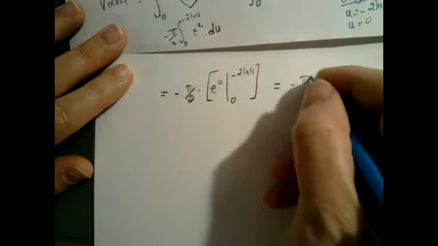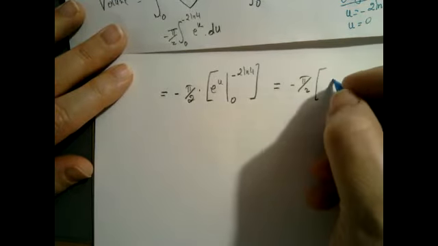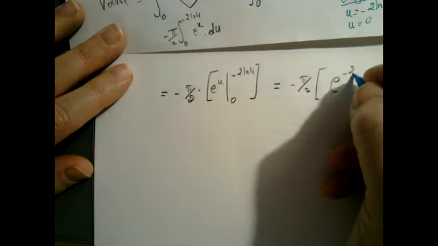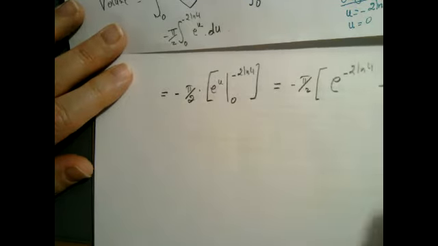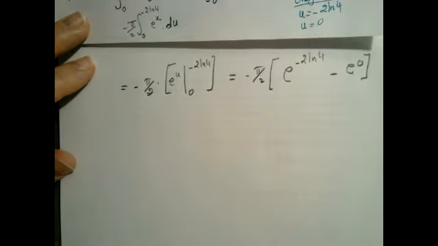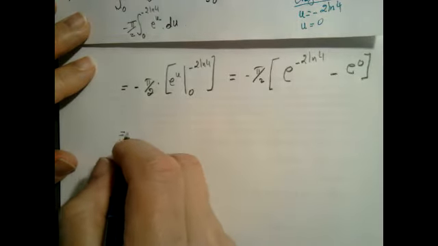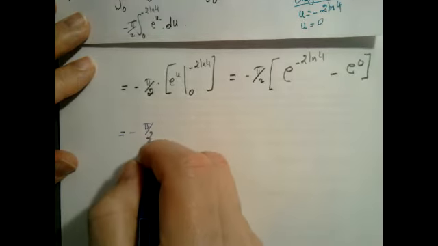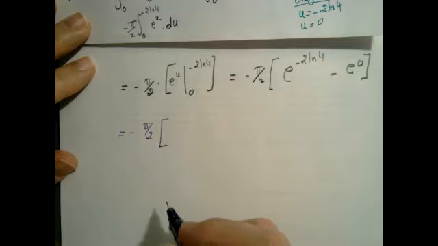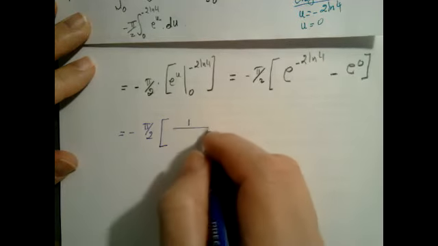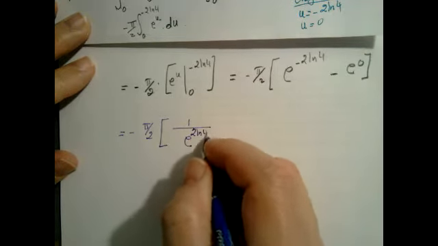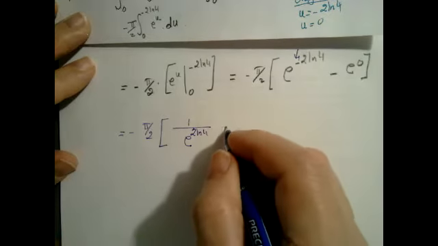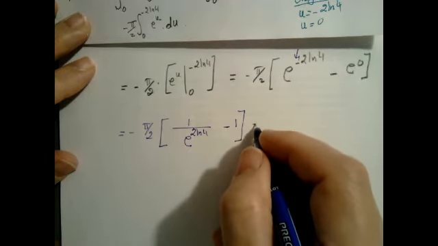So finally, I will have minus pi over 2 times e to the minus 2 ln of 4 minus e to the 0. That's minus pi over 2 times e to the minus 2 ln of 4 is 1 over e to the 2 ln of 4, because I have a minus e to the 0 is 1.